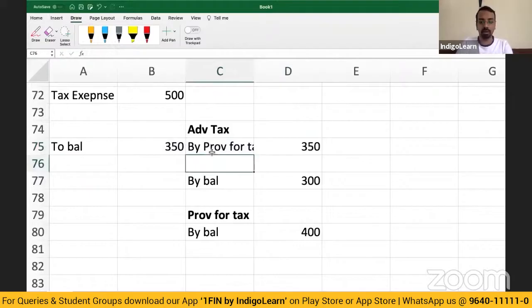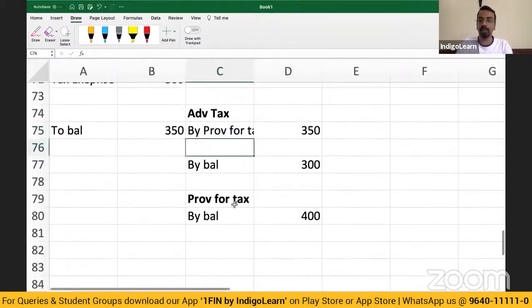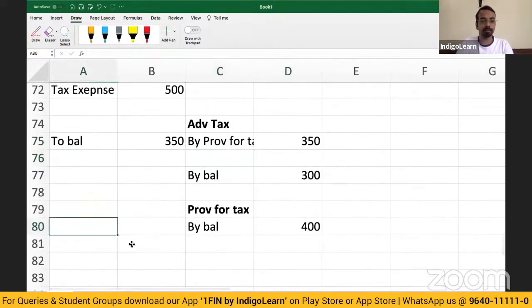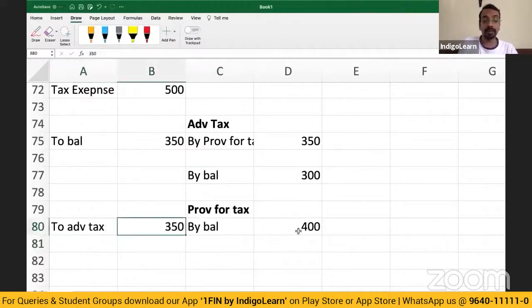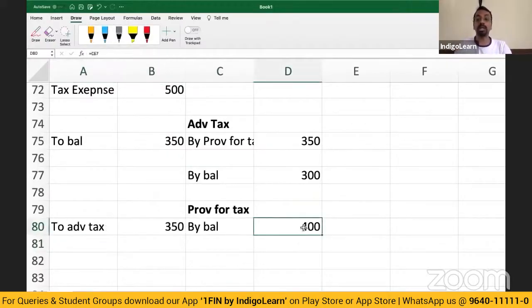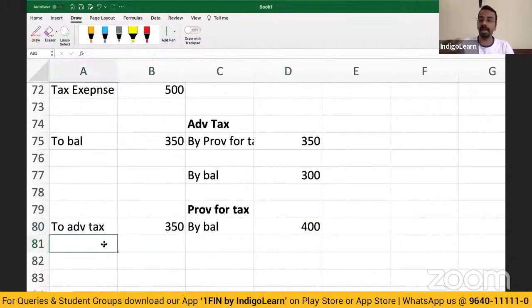So this entire 350 is gone. But then this 350 does not settle the entire liability. You still need to pay 50. So you can think that this balance of 50 has been paid either using the advance tax or directly through bank. That can be assumed. So we'll come to this balance later.